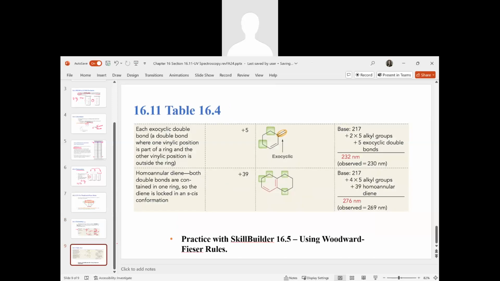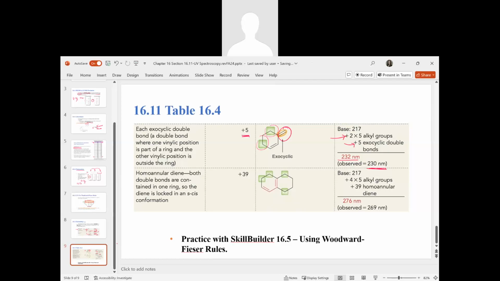There are 2 other rules that we can use to predict these lambda max values. Here we have an exocyclic double bond, so that's what we see here. We're going to add plus 5 for each of those in our compound, and then we also have those 2 auxochromic groups, so we add 2 times plus 5 for each of the alkyl groups. So we have 217 plus 15 again, and our observed is very close, around 230 nanometers.